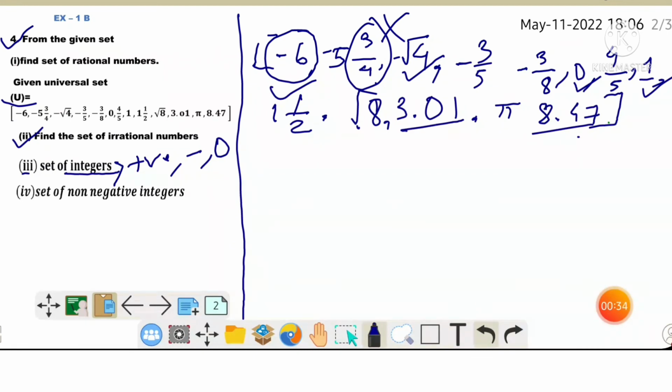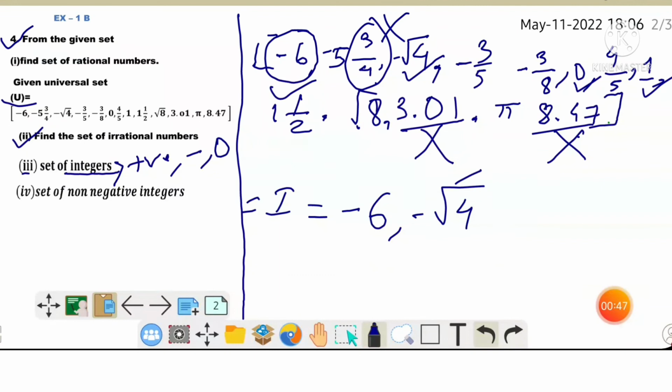The integers may be decimals, but they should be non-terminating. But here 3.01 and 8.47 are terminating, so they are not integers. So we found the integers -6, minus root 4, because it has the value -2, and 0 and 1. So they are the integers.